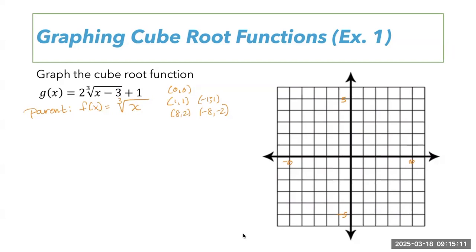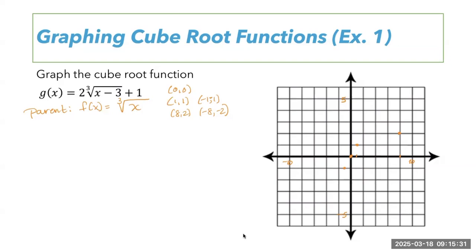Okay, but my points then are going to be at 0, 0. And so now 1, 1 means I'm only going half over and up 1. And then 8, 2 means I'm here to 8 and up 2. And then for negative 1, negative 1, I'd be here.